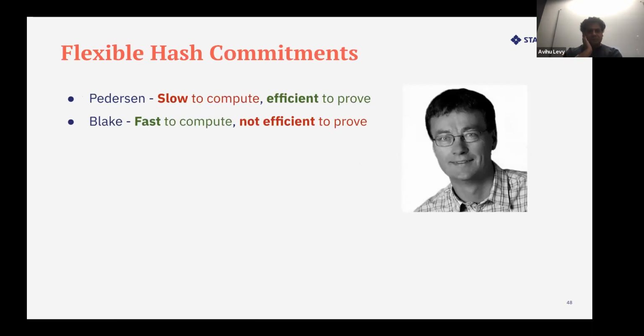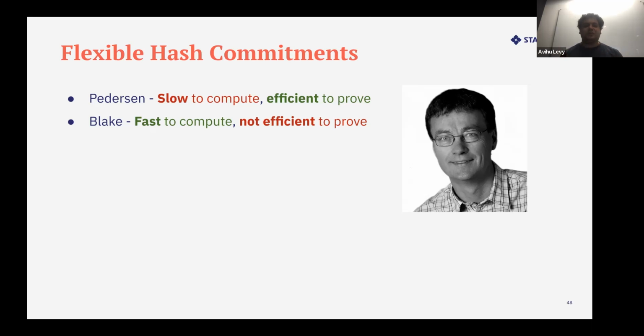First of all, let me introduce you to, I assume that most of you are familiar with, but in case you are not, we are currently using 2 hash functions in our construction. One is Pedersen. The guy here, I think, is Mr. Pedersen. It wasn't that straightforward to get his picture off the internet. And Pedersen is a hash function that has an algebraic structure.